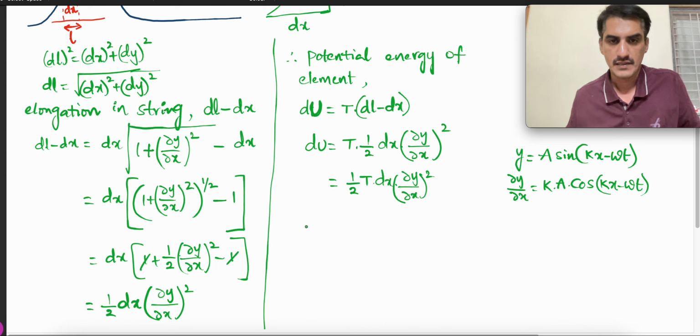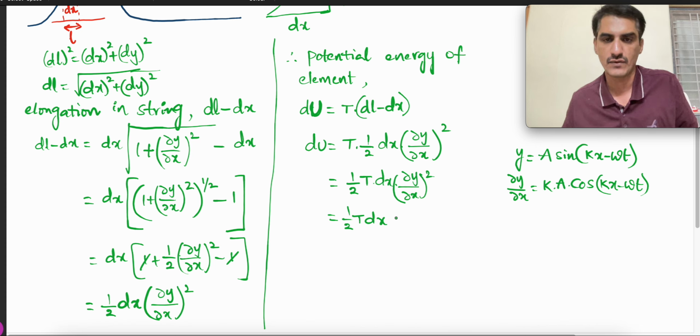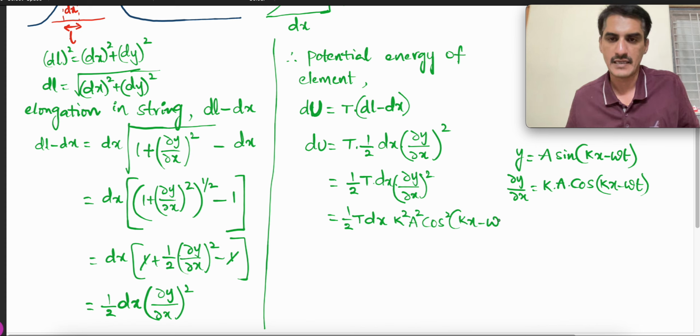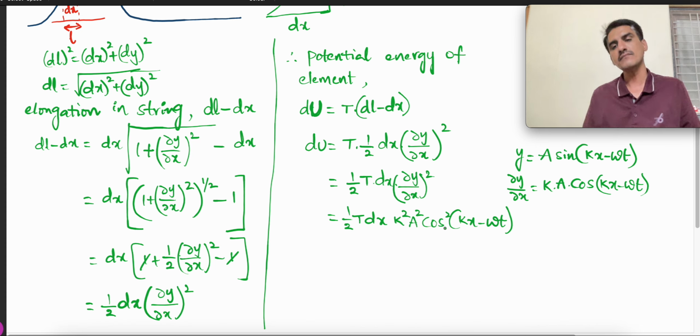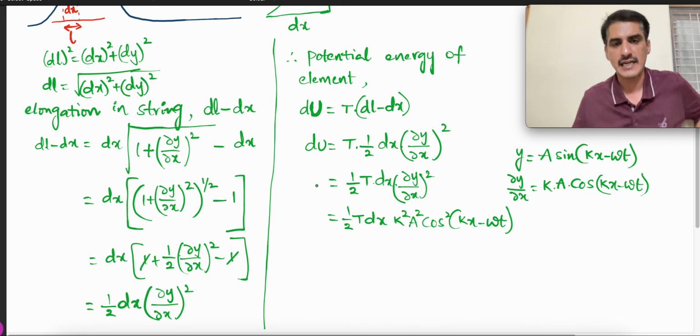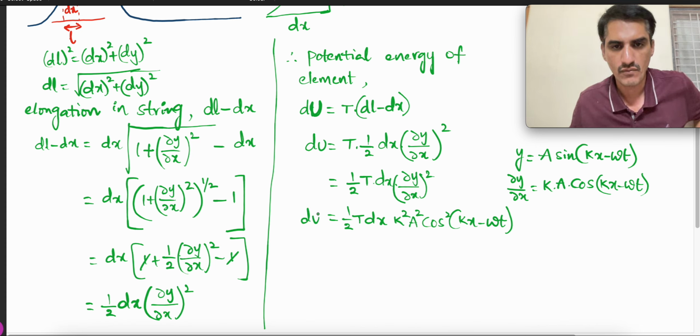Now let us write that dou y by dou x value in this equation, that is half into T into dx into dou y by dou x whole square, which is k square a square cos square(kx minus omega t). That is du.